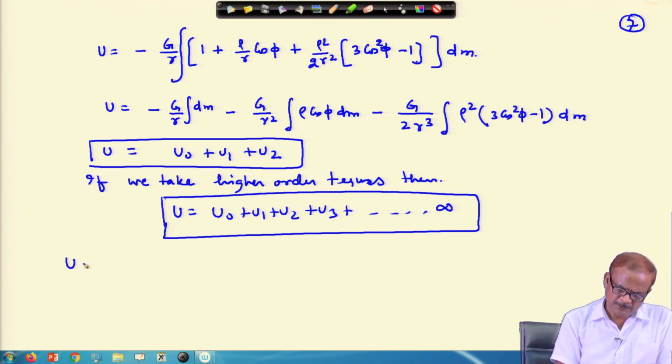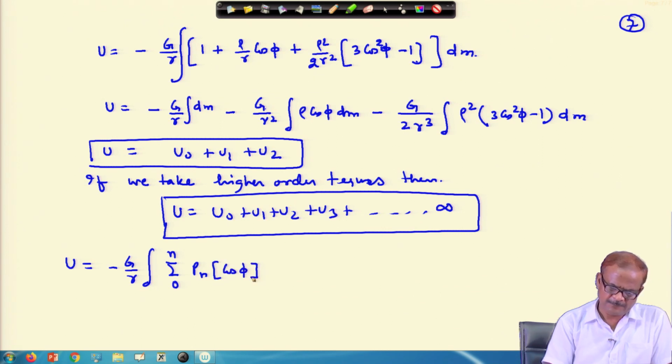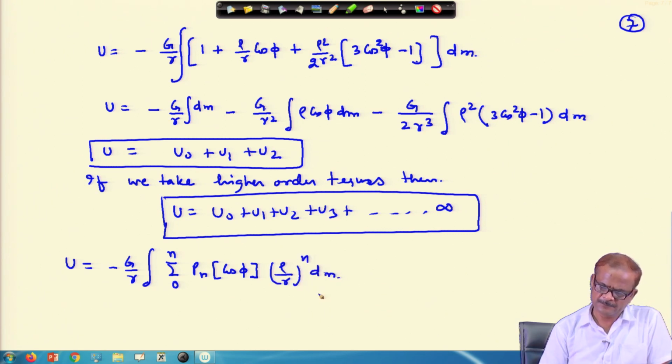And if you remember, the term we have written, minus g by r u equal to, in terms of the Legendre polynomial, the summation from 0 to n of p n cos phi, and then rho by r to the power n dm. This is what we have written.